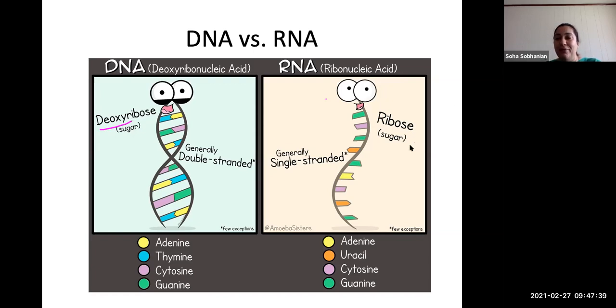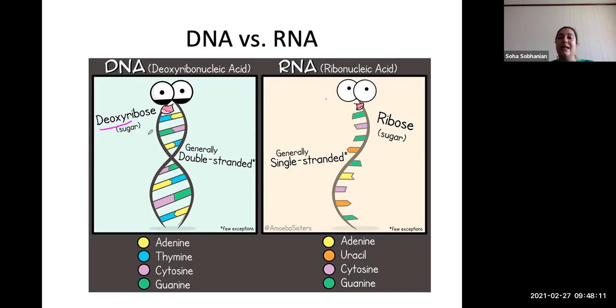Again, I'm just going to type it for you guys. DI means two, DE means without. So make sure this is a difference that you can distinguish. So when you hear the word deoxy, what do you think it implies? Without what? Oxygen, correct. Deoxy means without oxygen.